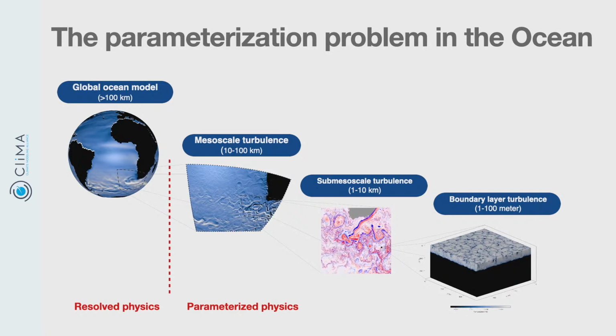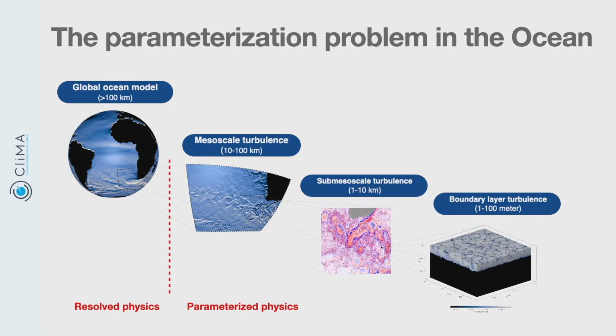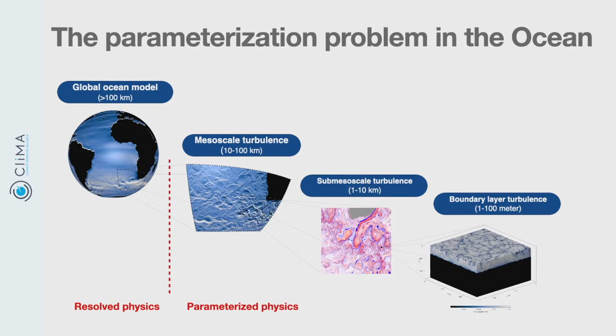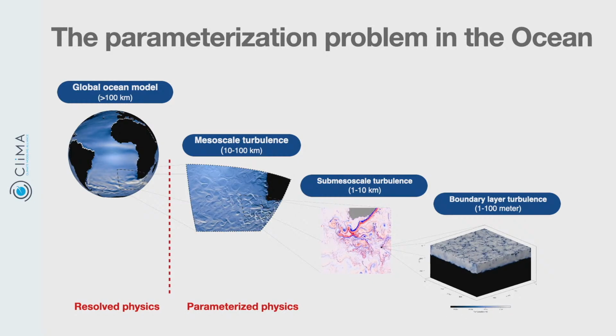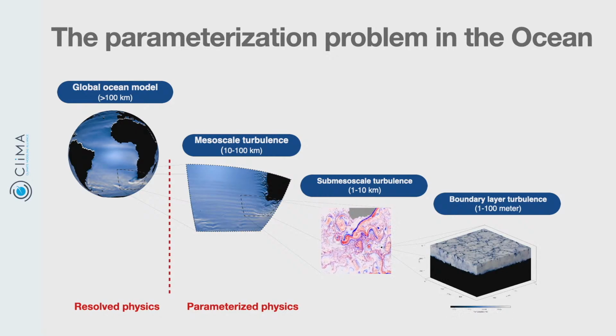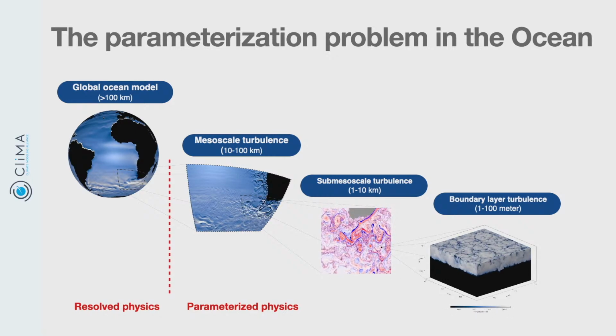So the first thing that we want to do, following the Klima strategy, is to increase the resolution as much as possible to directly simulate these processes. And we have no hope whatsoever to reach the meter scale in the ocean. That is not possible now and is not possible in the future, because a climate model that has a 1 meter resolution would necessitate 10 to the power 20 grid cells. So that is completely unfeasible.